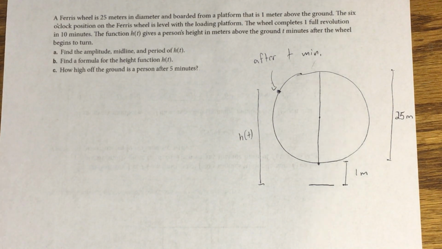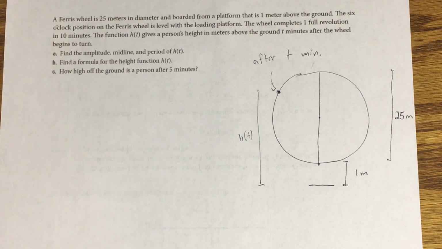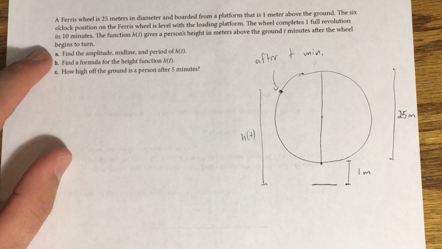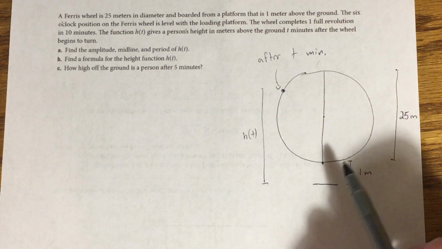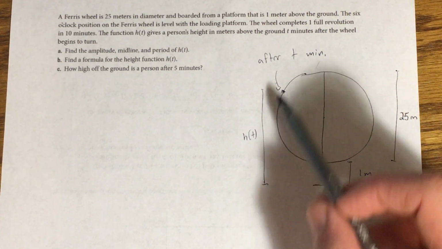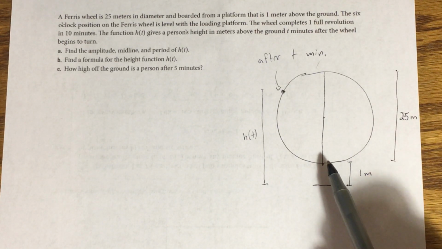Okay, how do we model this with a sinusoidal function? That's going to be the goal. First thing it said is to find amplitude, midline, and period of h of t. Notice that the height of this rider is going to be periodic. It's going to happen in cycles.